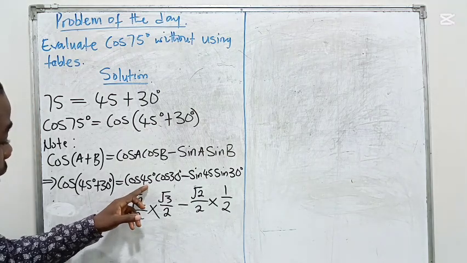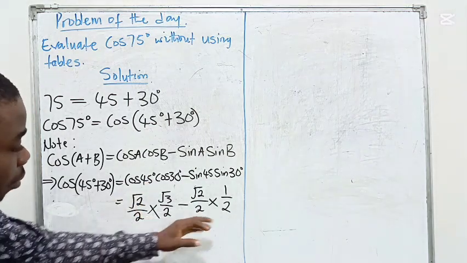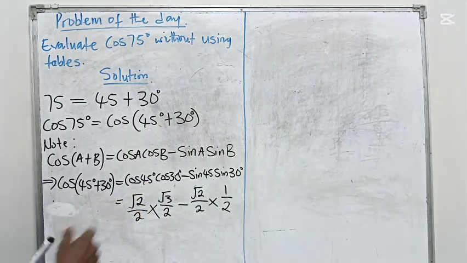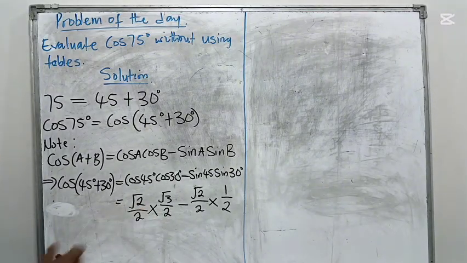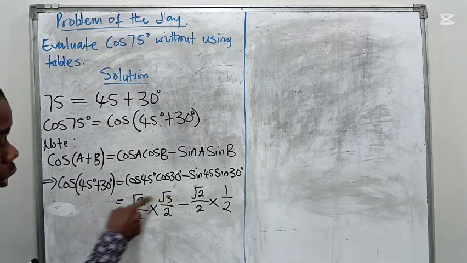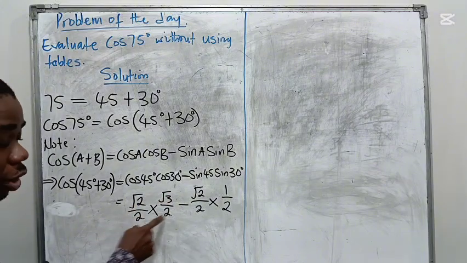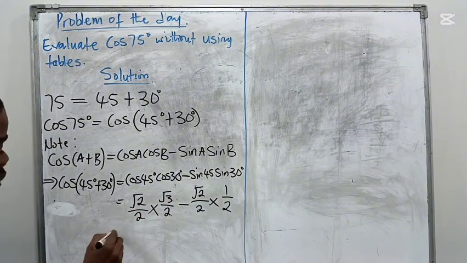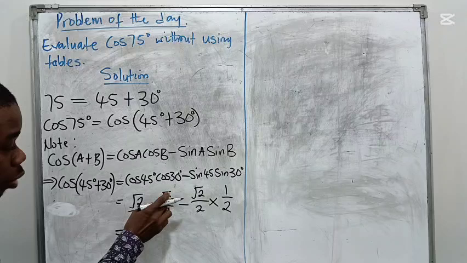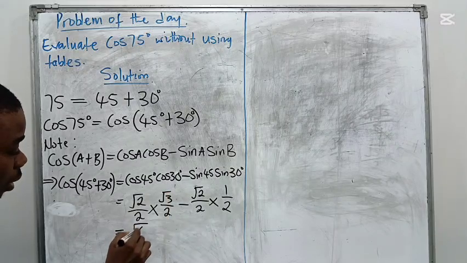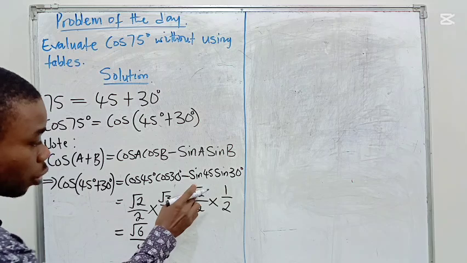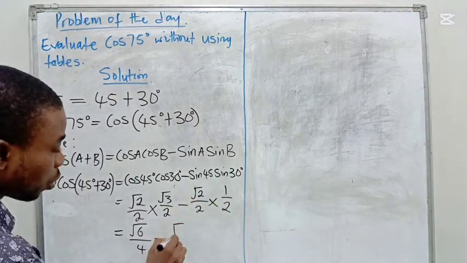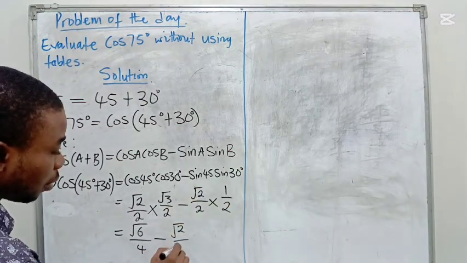Now we can simplify these fractions. Remember, this is a multiplication, so we multiply numerator to numerator and denominator to denominator. Square root of 2 times square root of 3 gives square root of 6 over 2 times 2, which is 4, minus square root of 2 over 4.